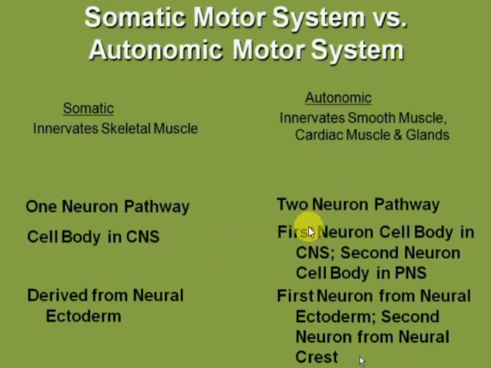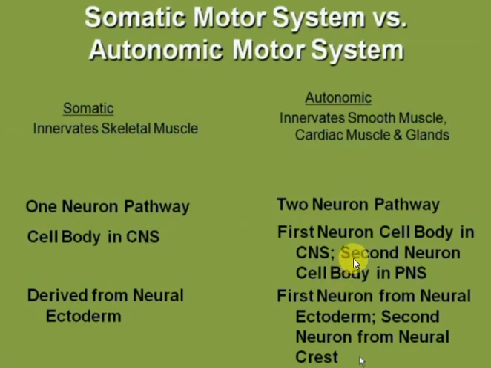While in the autonomic nervous system, the innervation is dual. It is through a two neuron pathway. The cell body of the first neuron is located inside the central nervous system, just like the somatic nervous system.